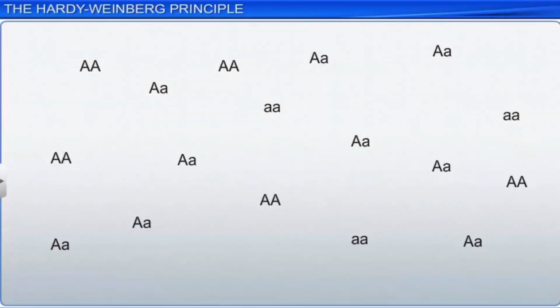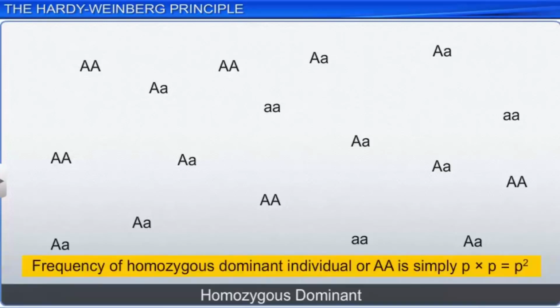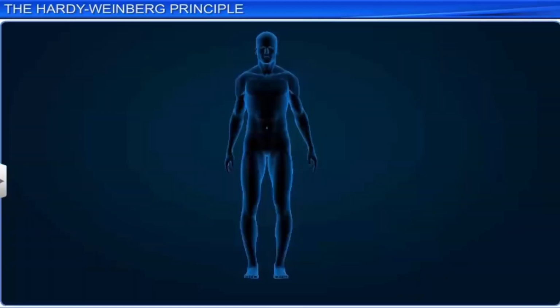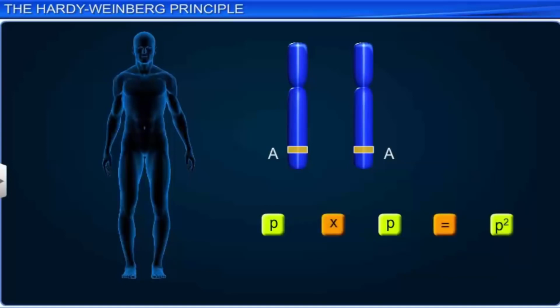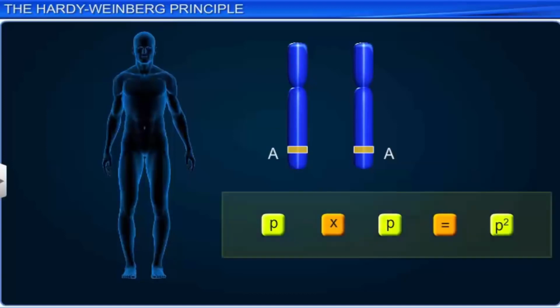Therefore, we can also say that in a population, the frequency of a homozygous dominant individual, that is capital A capital A, is simply p squared. In other words, the probability of allele capital A with a frequency of p to appear on both the chromosomes of a diploid individual is defined as the product of the probabilities, which is p into p, or p squared.